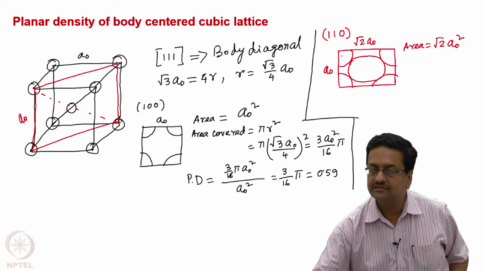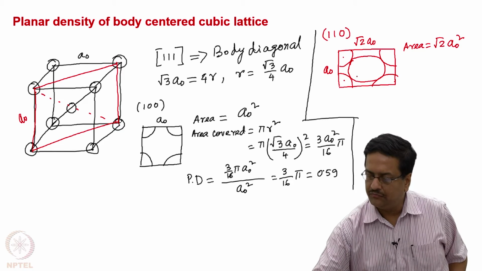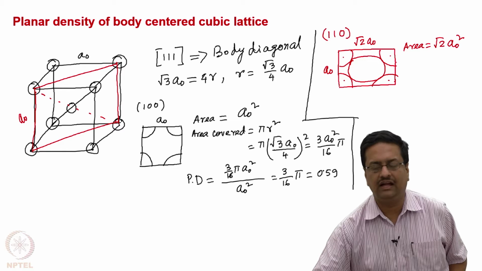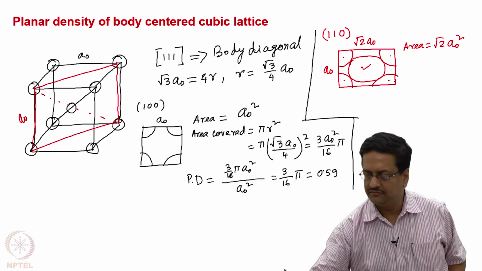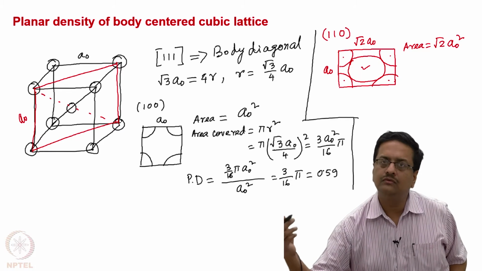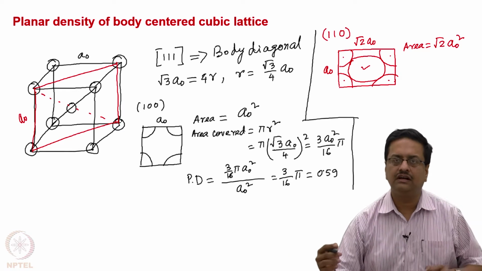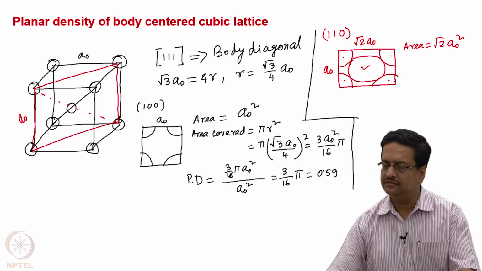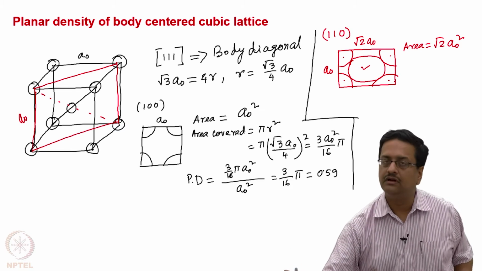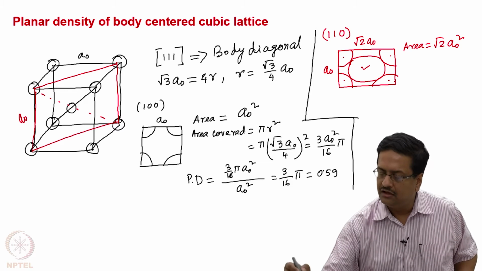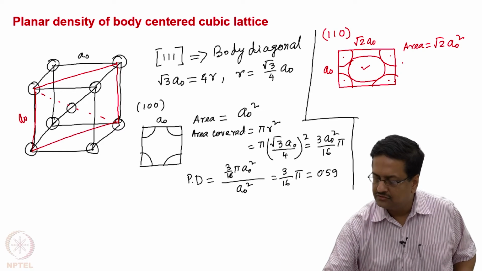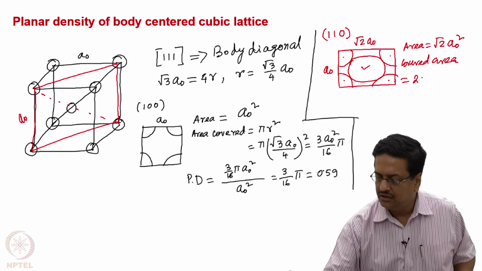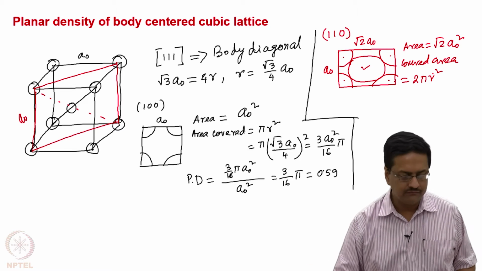Now inside this area you have 4 quarter portions of the atom and 1 full atom. That means a total of 2 atomic areas is covered in this 1 1 0 plane of the body-centered lattice. So the covered area is nothing but 2 pi r square.